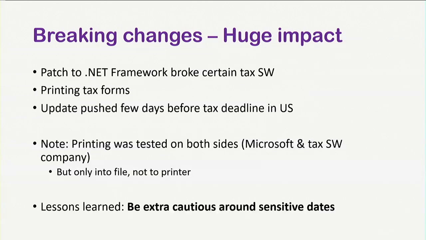The lesson learned from this is that you need to be extra cautious around sensitive dates. For example, large resellers and online shops usually have a moratorium on changes around holidays, because from November to December they get 30%, 20% of all their income. They don't push any changes.